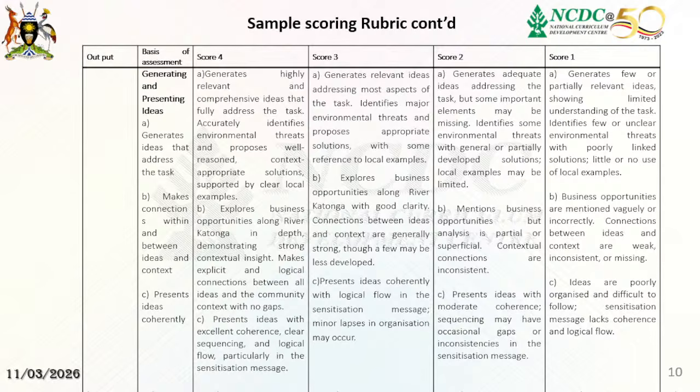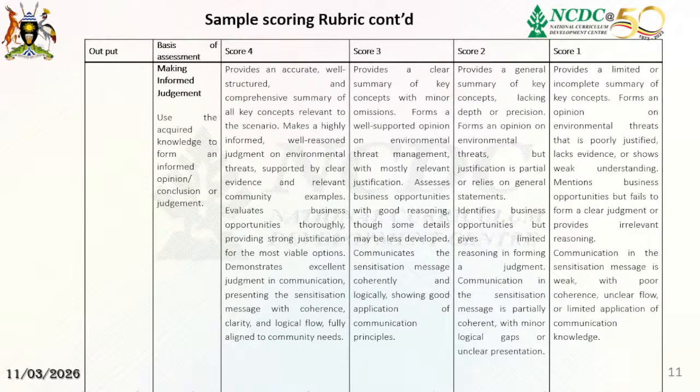A learner who will generate adequate ideas as far as addressing the task, but some important elements may be missing, that learner will be scored a 2. A learner who will generate few, irrelevant, disorganized, poorly linked solutions, that learner will qualify to be scored a 1.